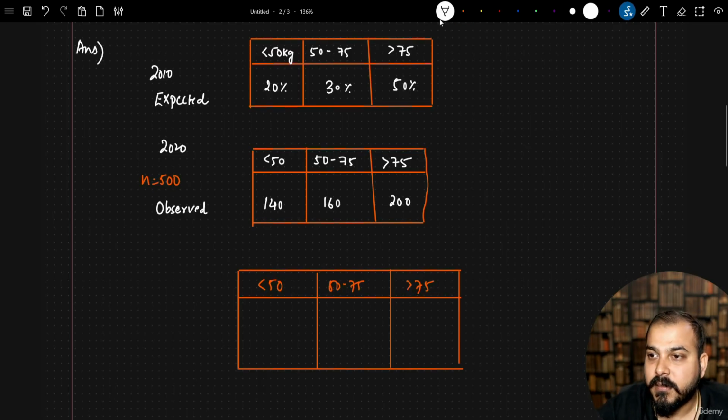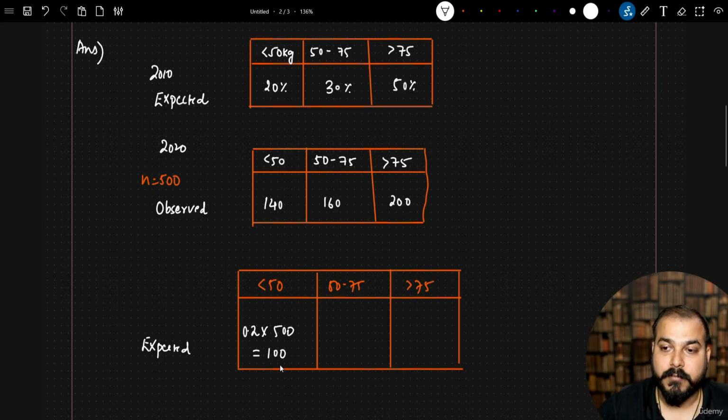How do I find it? In 2010, 20% was expected for less than 50 kg. I will just multiply 0.2 multiplied by 500. So this is nothing but 100.